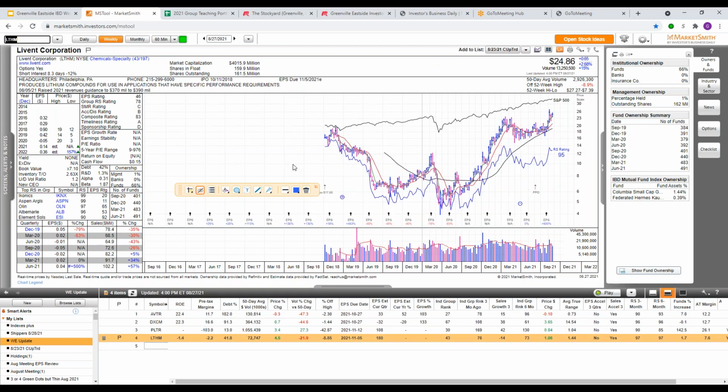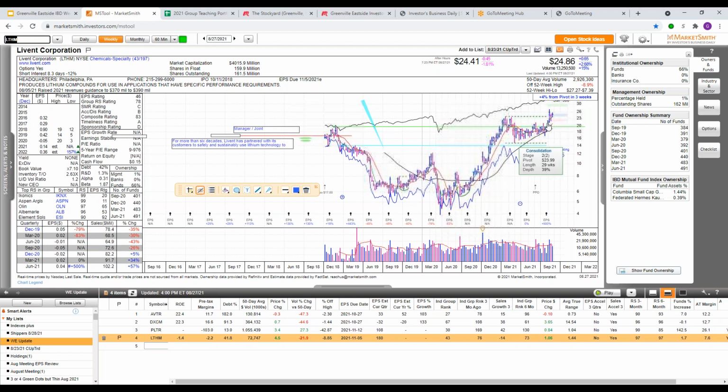And then Livent Corporation. So this is one of the lithium plays. This is the one that was mentioned on the IBD podcast. Recent IPO. It's kind of gone through that due diligence phase. Now it's set up in a stage 2 consolidation, a little bit deep. That green line is its all-time high.